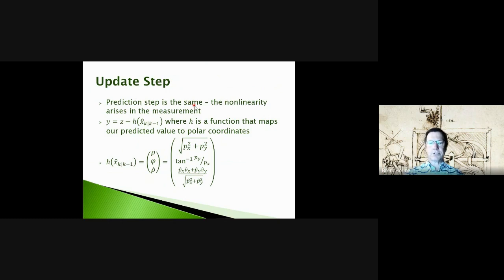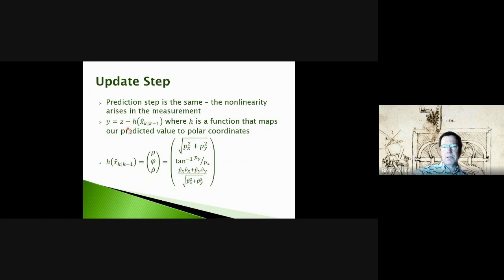And so that's where the nonlinearity is arising. It's arising in the measurement. So in this case, the prediction step, that's our motion model. That's still linear, so that's cool, right?